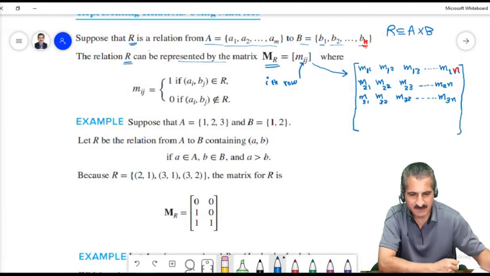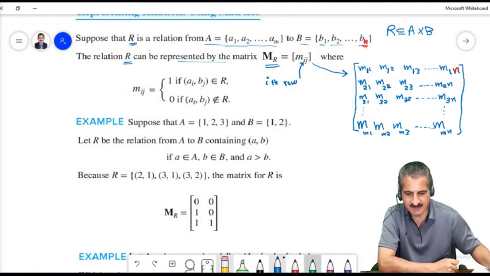The number of rows here will be the same as the number of elements inside A. I mean, we will continue till m. The book uses the same notation here: m1, this is row number 1, m2, m3, and here mn.